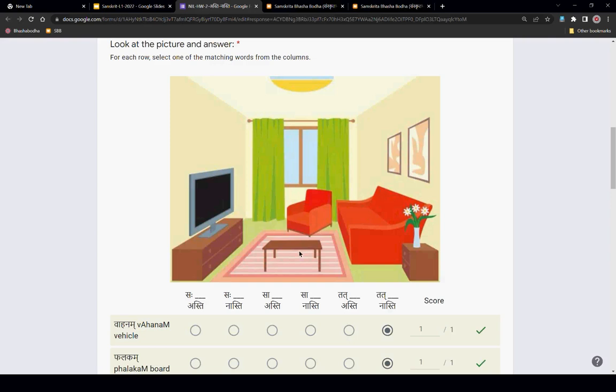Obviously there are chairs, and what is this one? Utpetika. And here there is a picture which is Chitram, and the curtains. There is a Deepa here on the top, lamp.